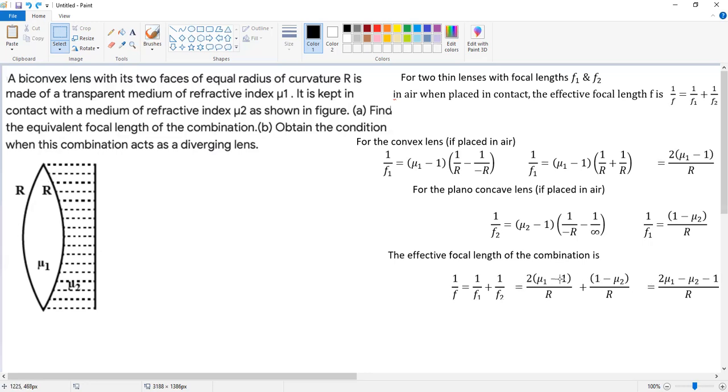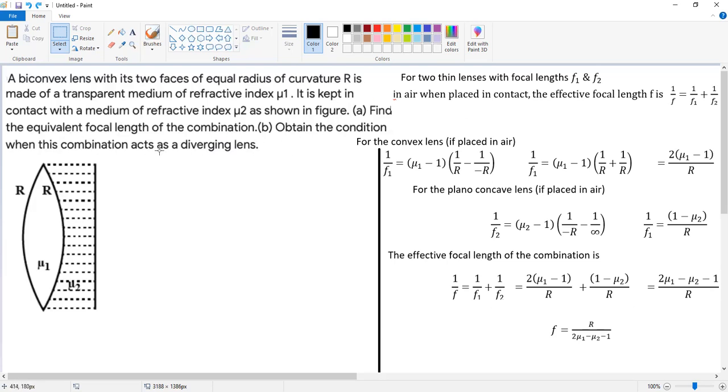So minus 2 plus 1 will be minus 1, then minus mu2. So this is the reciprocal of the effective focal length. You can get the focal length as the reciprocal of 1 by f. So f is equal to R by 2 mu1 minus mu2 minus 1. So the first part of the answer is done, the equivalent focal length.